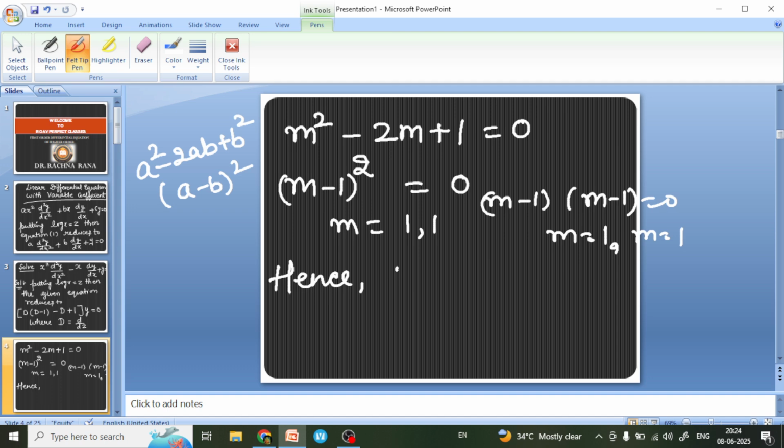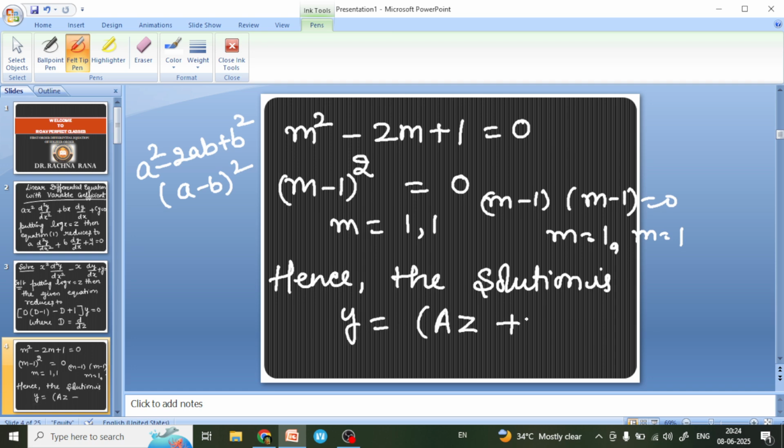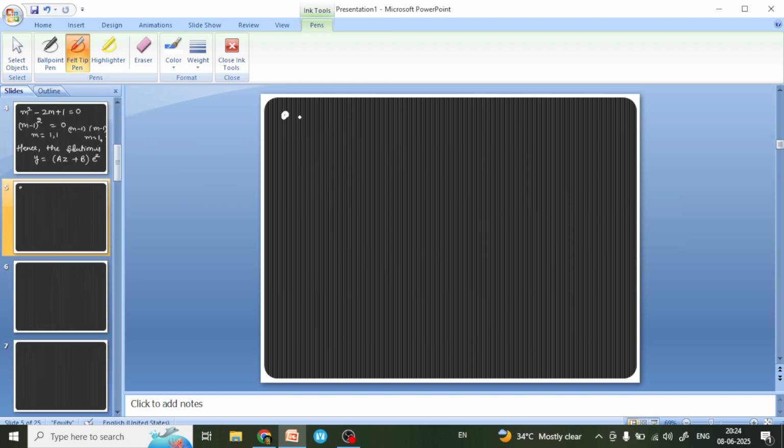Now next, write, hence the solution is y is equal to (az plus b) e raised to power z, because log x equal to z and x is equal to e raised to power z.